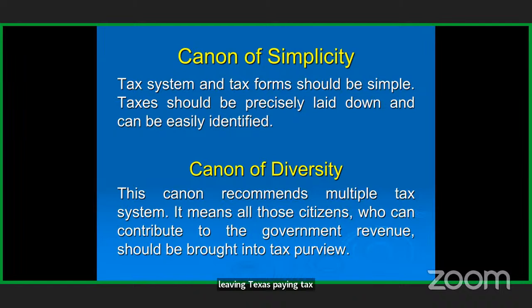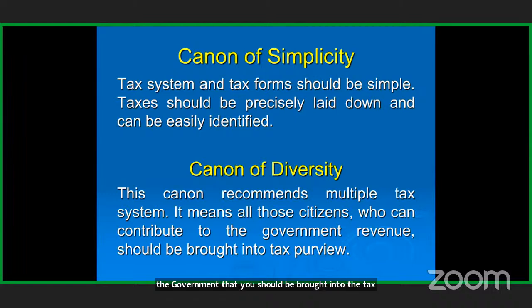Another canon is the canon of diversity. It means that all those citizens who can contribute to the government revenue should be brought into the tax purview.